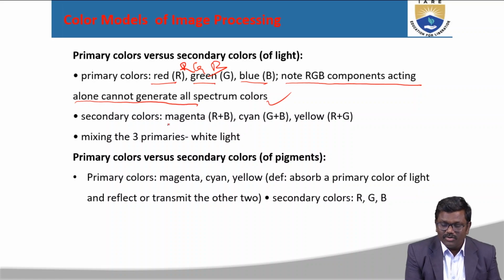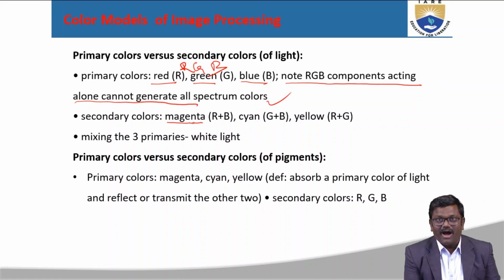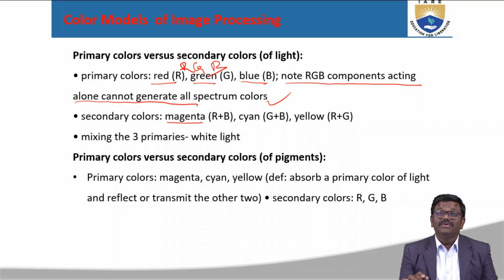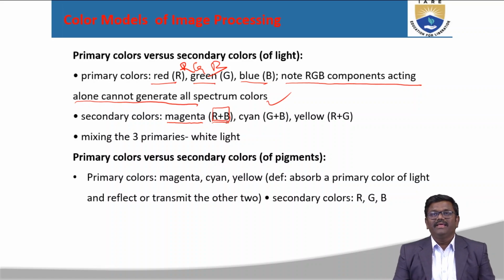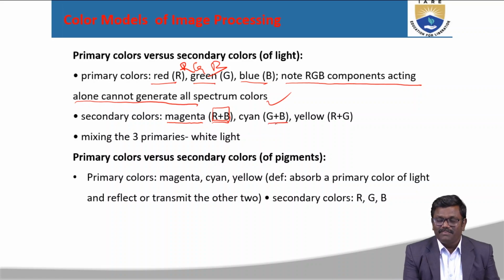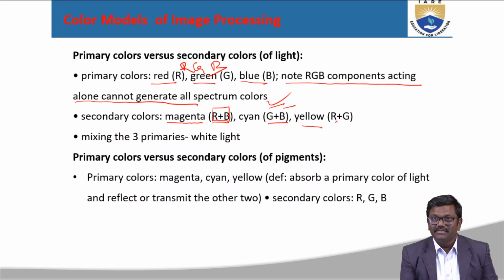For example, magenta is the color we get from the primary colors by the combination of red and blue, that is R plus B. Similarly, cyan means G plus B, green and blue. Next, yellow is R plus G.